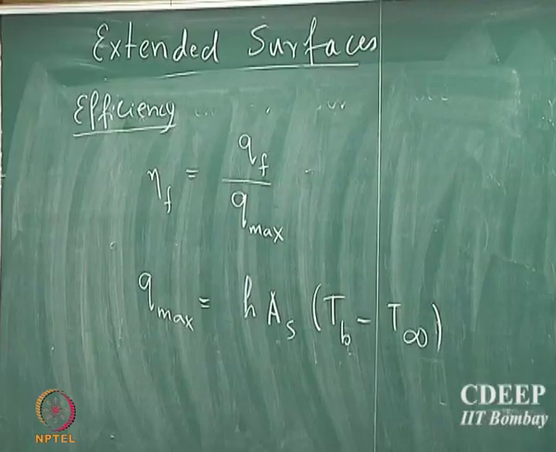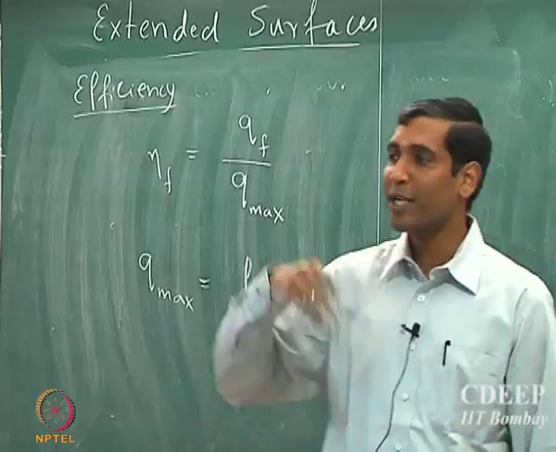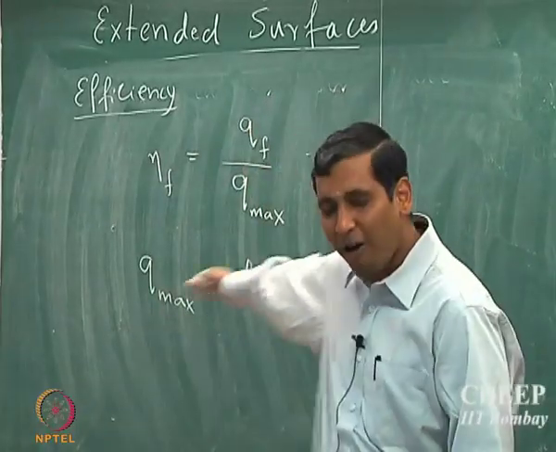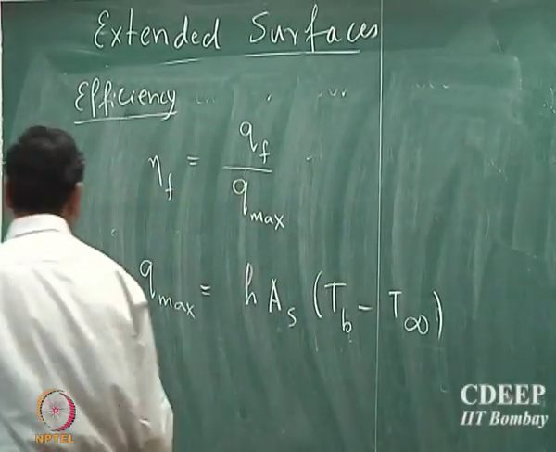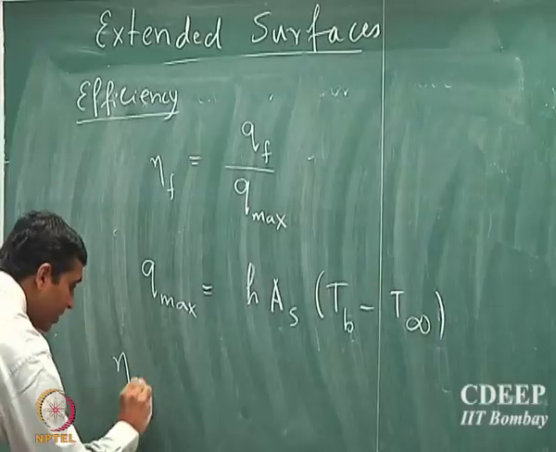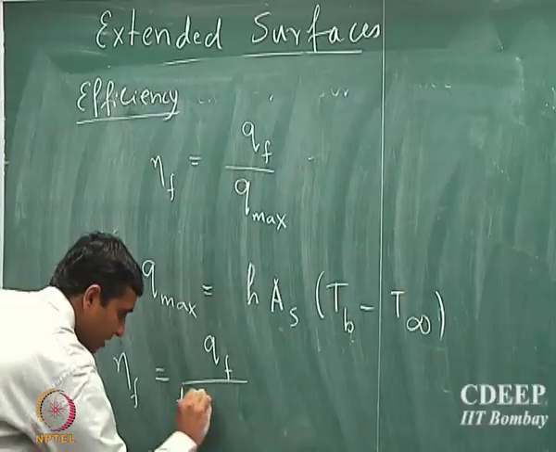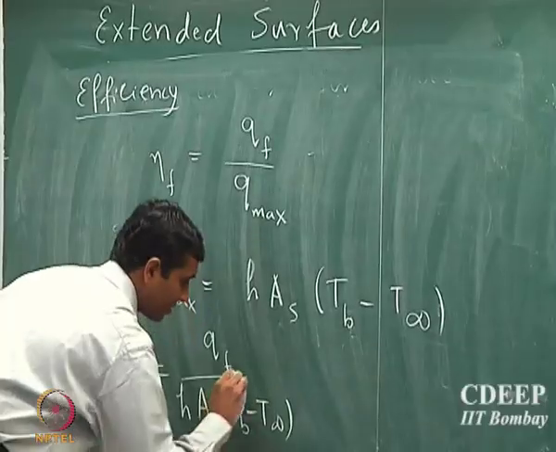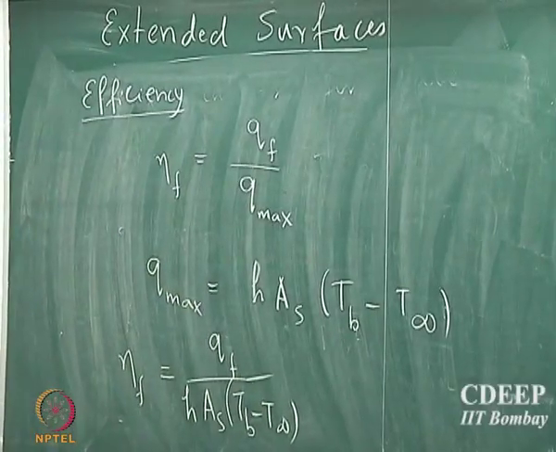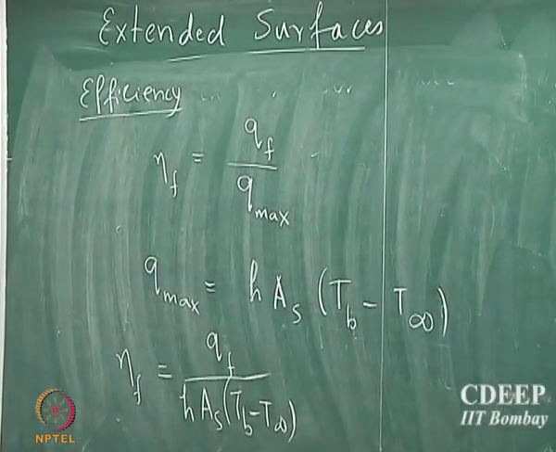This is the maximum possible rate, but what you will actually achieve in reality will obviously be lesser than this. Therefore one can define efficiency as Qf divided by h A_s into Tb minus T infinity. So that's the efficiency of a fin.